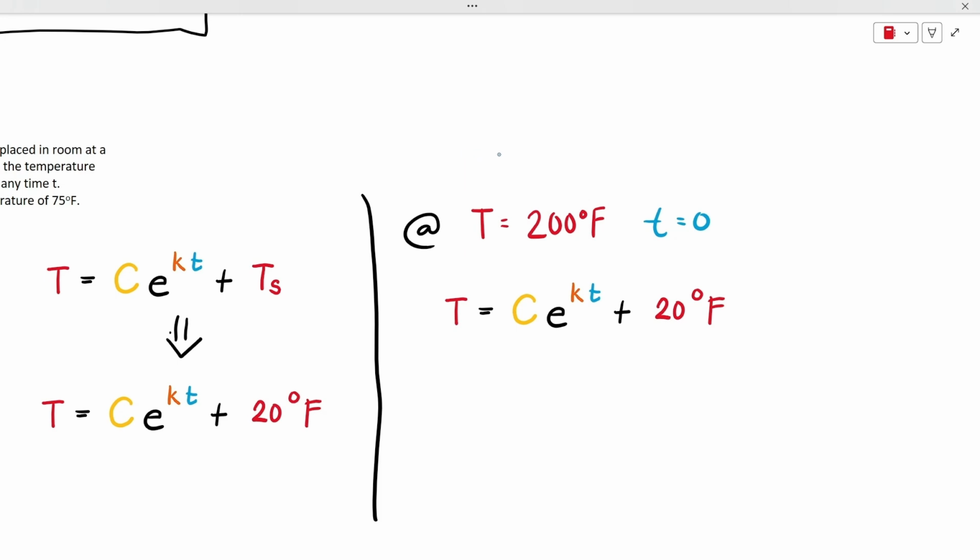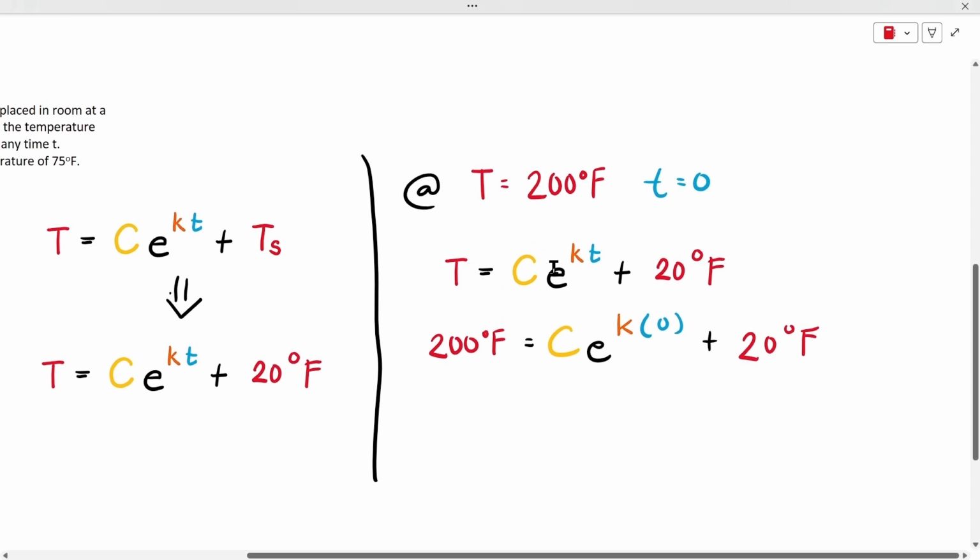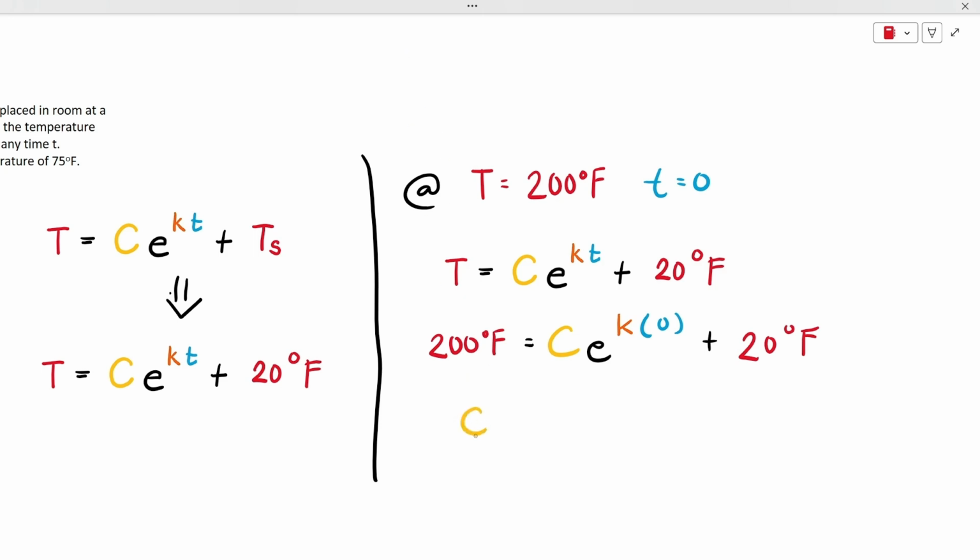If we plug in those values, this gives us 200 degrees Fahrenheit equals C e raised to K, the proportionality constant, multiplied by time 0, plus 20 degrees Fahrenheit. Evaluating this, we get the value of the constant C, which is equal to 180.